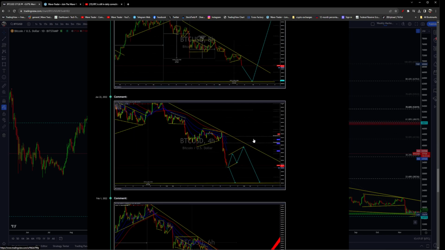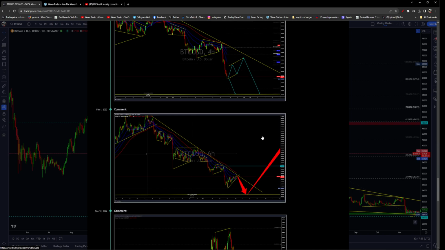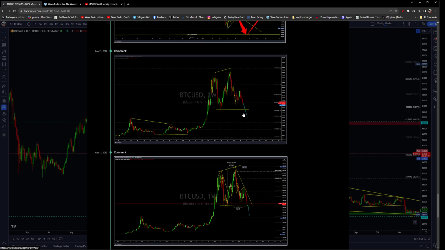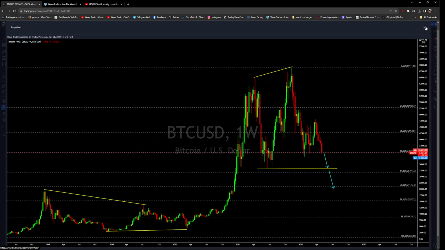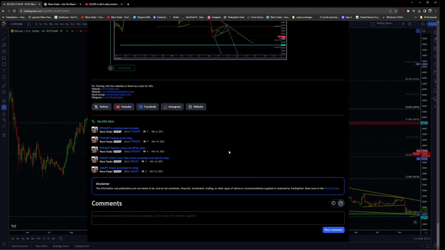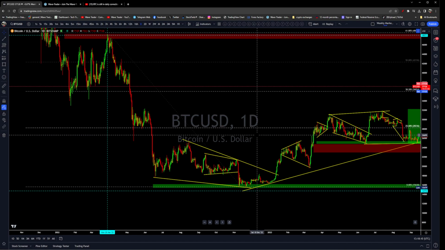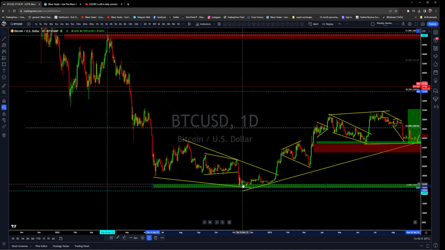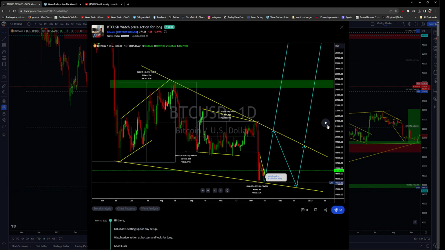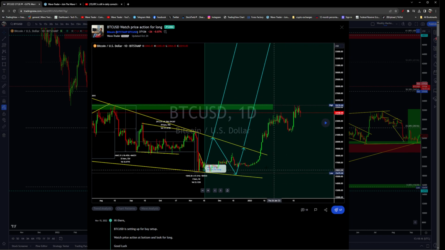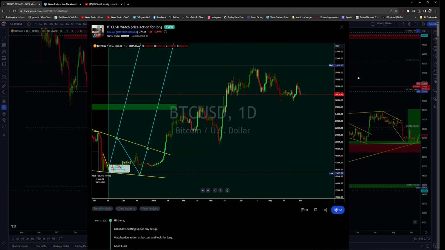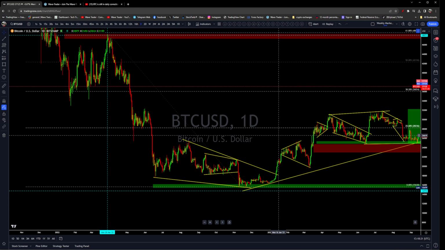So Bitcoin found its multi-year top and went lower nicely from there. Those were the updates. Now we were expecting it to find its floor and go higher, and it has found its floor and is heading to the upside.